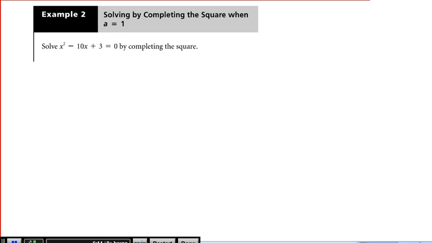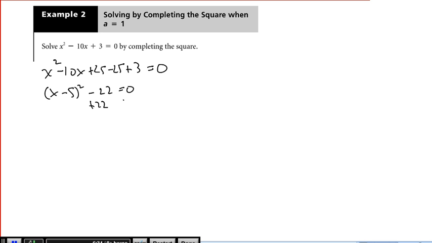Okay, and let's have a look at our first example from the textbook. So I get x² − 10x, leave a space, + 3 = 0. So that's going to be (x − 5)², so that has to be plus 25 minus 25, which leaves us with minus 22. Add 22 to both sides to get the squared thing by itself.